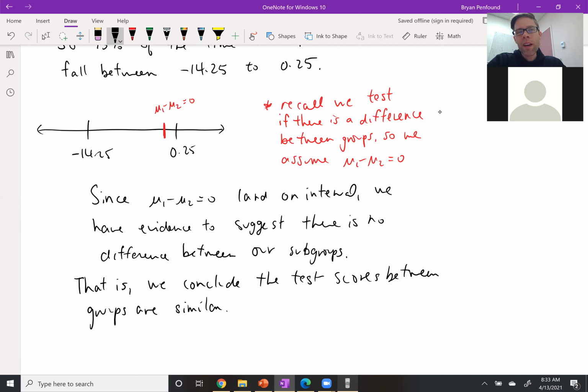Or in other words, we haven't really been able to find enough evidence to suggest otherwise. So if our assumption is that there's no difference, we don't really have enough evidence to suggest that these test scores are really that different from each other.